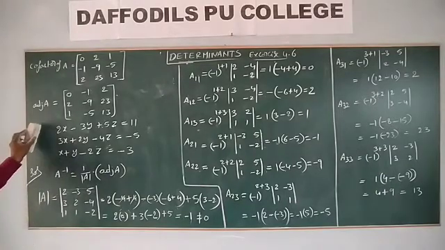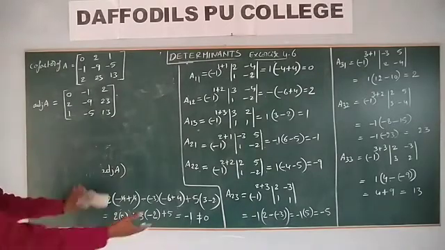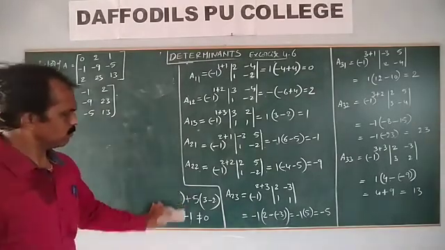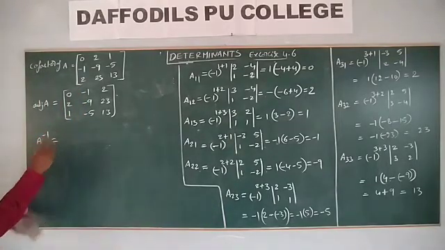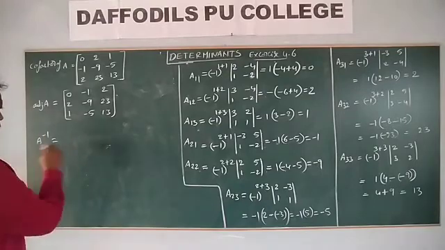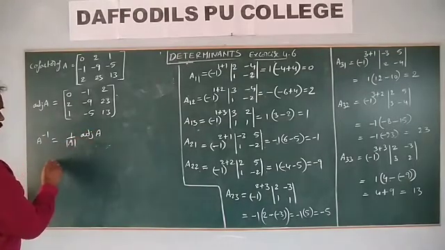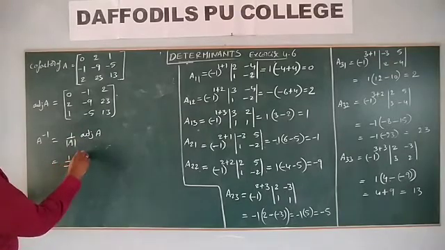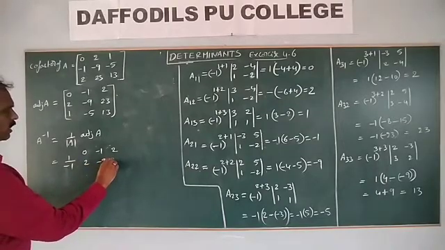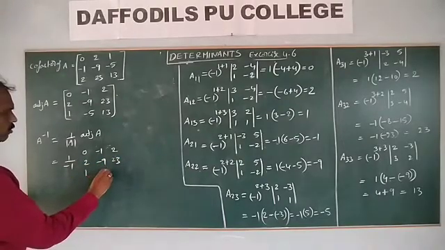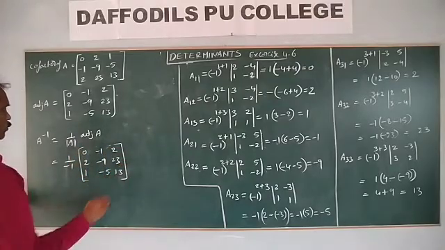What is the A inverse? Delta value minus 1. Right.